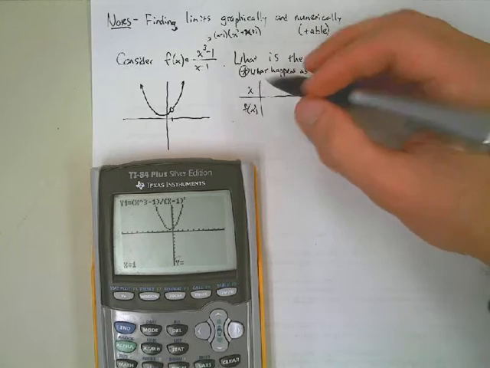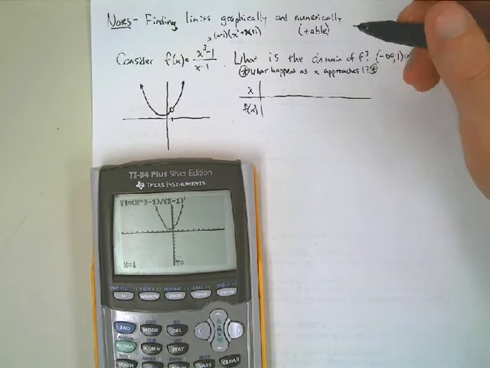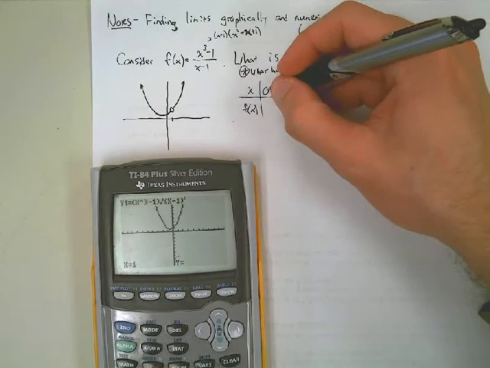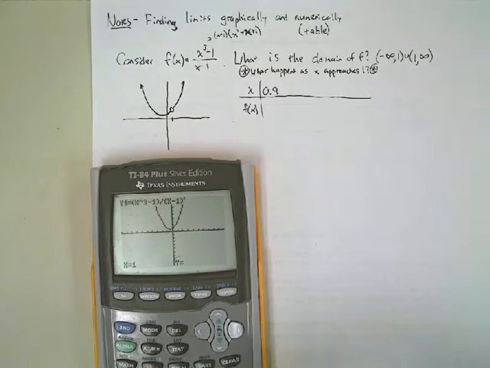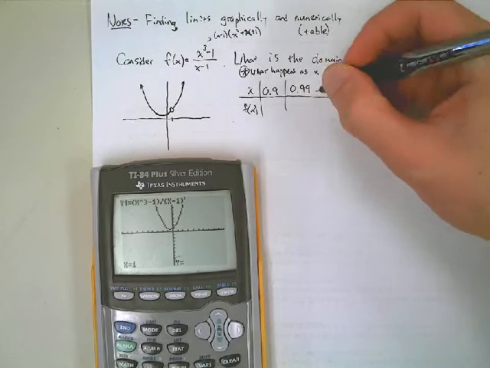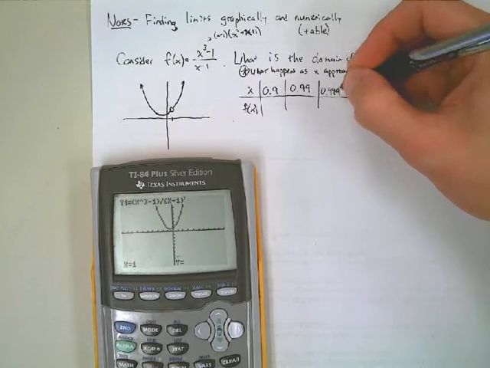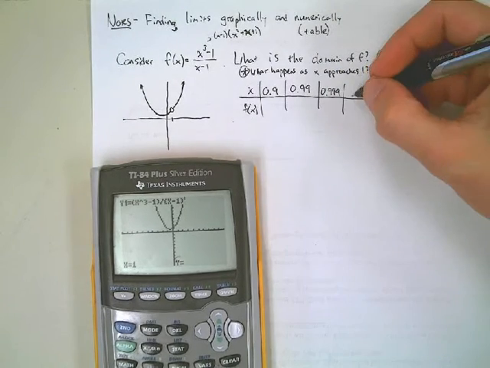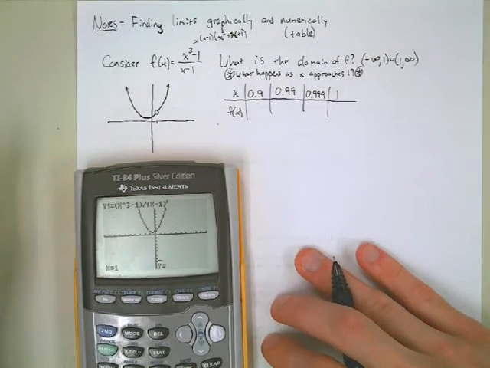We can't obviously pick 1 to be our x value because that's going to be undefined. Let's pick a value close to 1, like 0.9, for example. That's pretty close. And then closer than that is 0.99, right? And then we could get even closer, we could take 0.999. Then I'll leave a little value space for 1 there because we're not going to be able to get to it, but we can approach it.